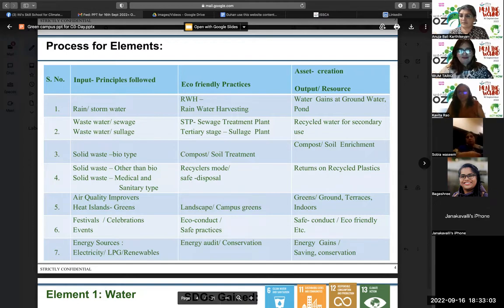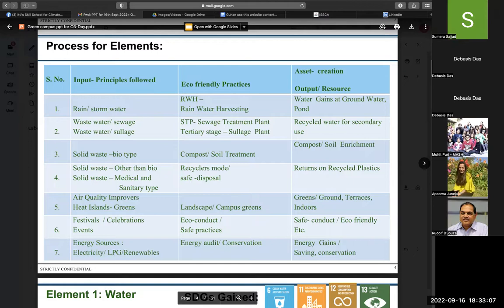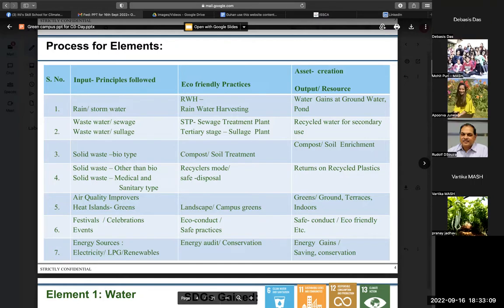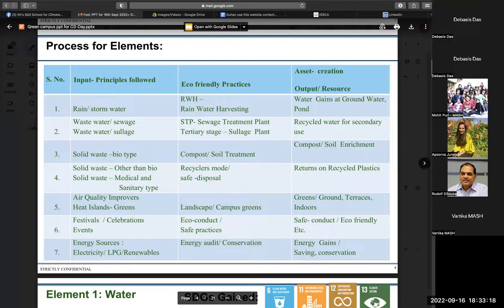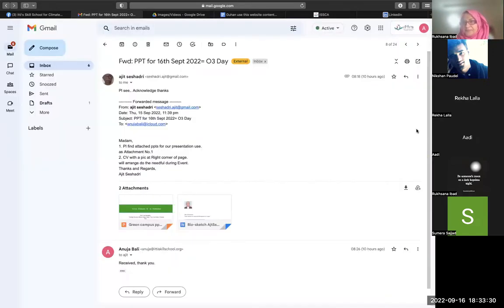Bio waste and other one is other than bio. So bio waste, straight away, if it is segregated, now we are having this jargon of three bin segregation.